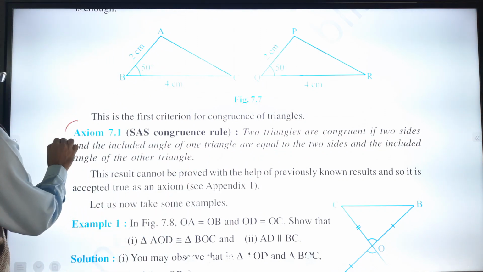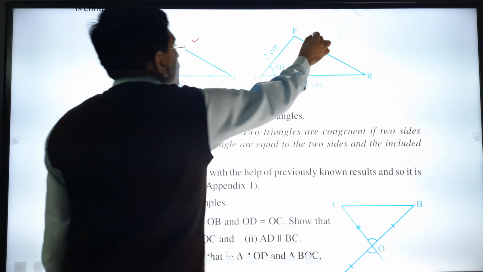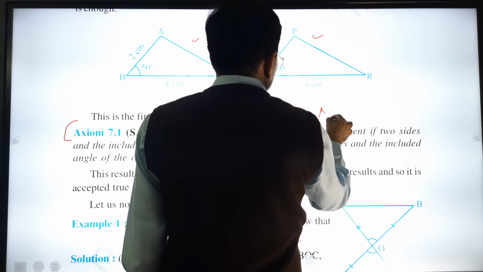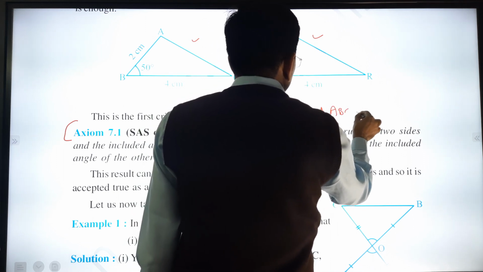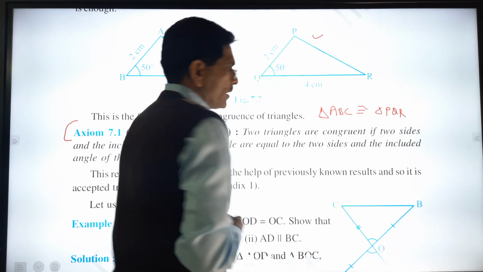So write this Axiom 7.1, and draw these two figures. Then we can say that triangle ABC is congruent to triangle PQR.